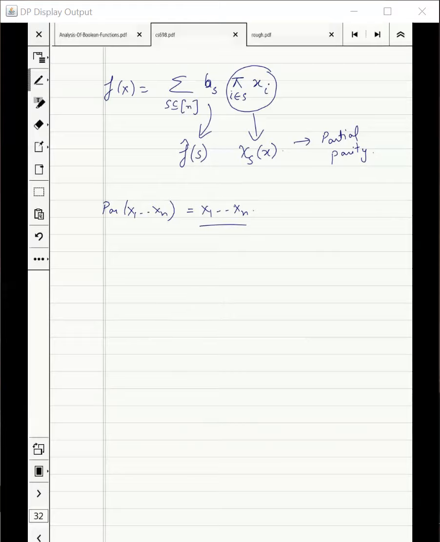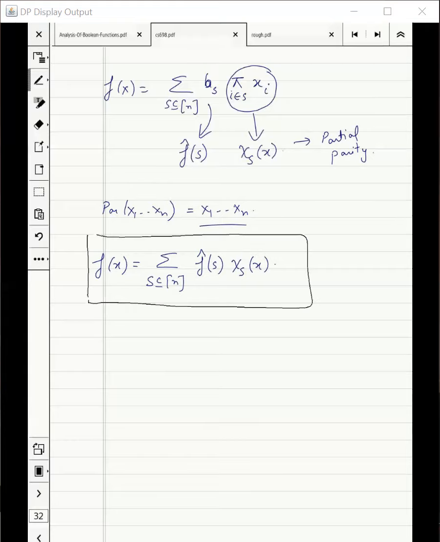So the statement becomes that fx is equal to this representation, right? This is called the Fourier representation.